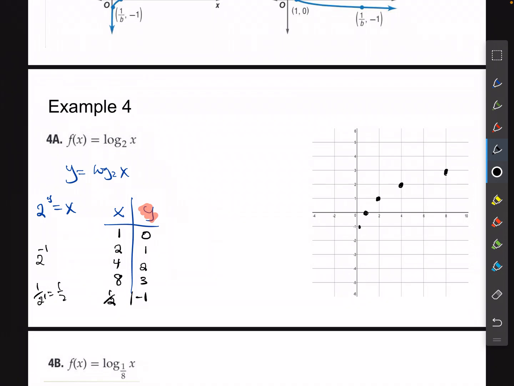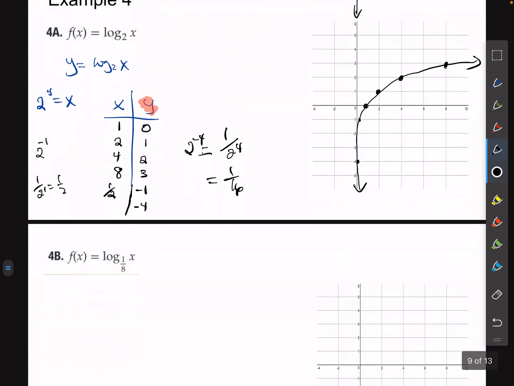And what if I wanted -4? Notice what happens if I plug in a -4. 2 to the -4 is equal to 1 over 2 to the 4, which is 1/16. So at -4 on the y, I'm at 1/16 on the x. I'm really close here, so I got this kind of thing happening. It's going to approach this axis, but it's not going to ever cross it.